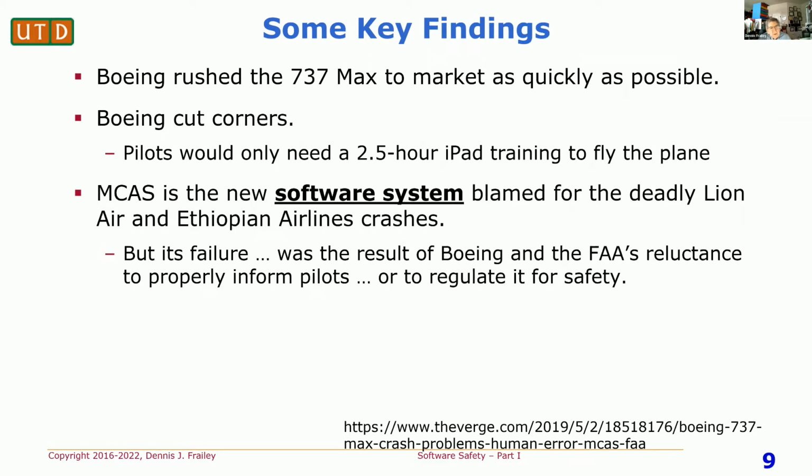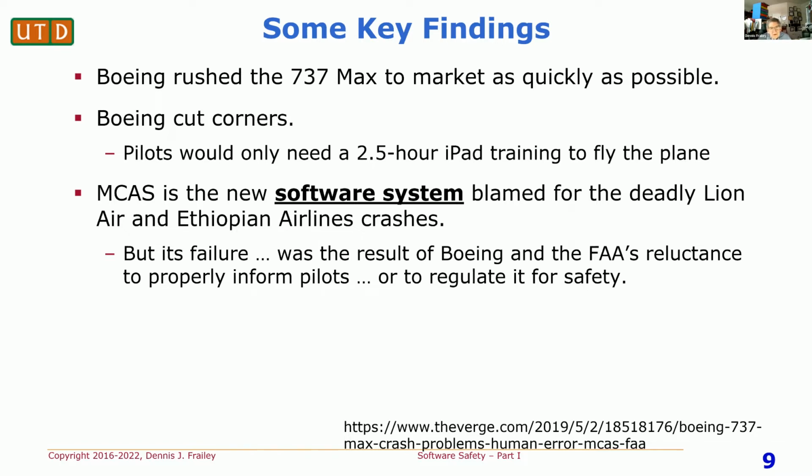The system that was having problems was called MCAS. It was all implemented in software, and it was blamed for the failings. But the reason it failed was that both Boeing and the FAA, which is supposed to regulate these things, were reluctant to properly inform pilots about how to deal with it, or to properly apply the safety critical type regulations.